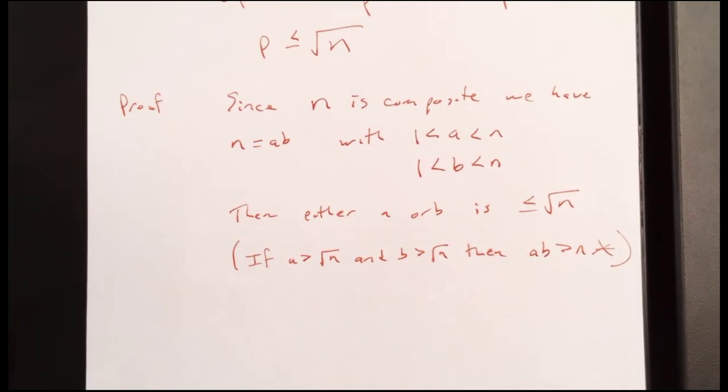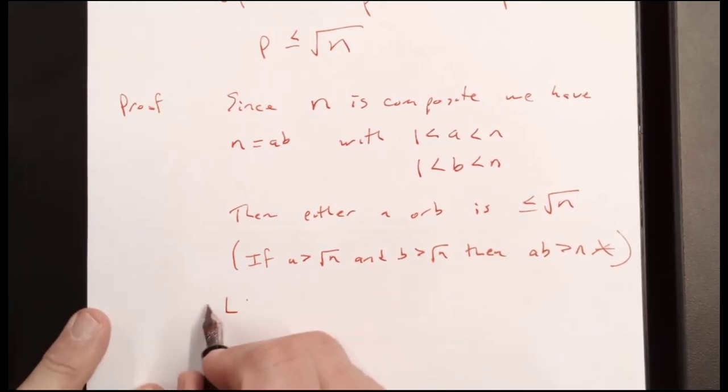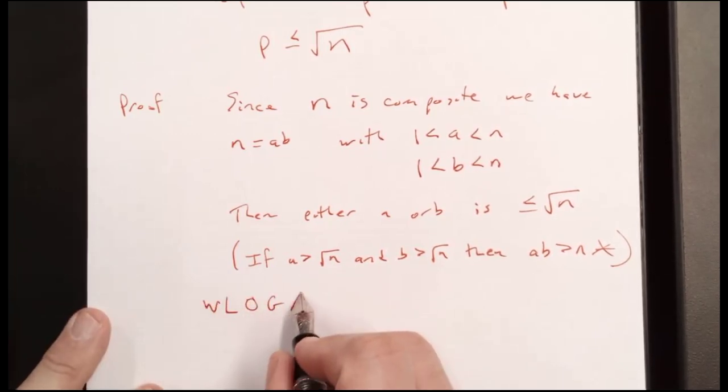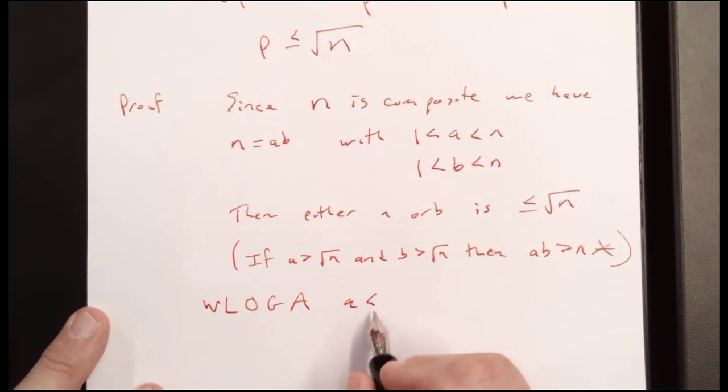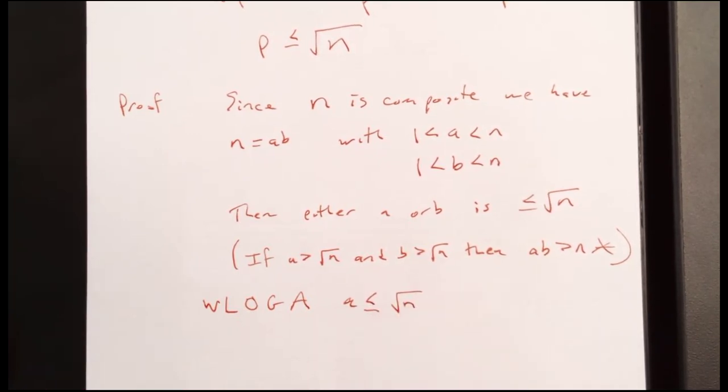So one of them has to be smaller. Now here's the statement. One of them, I don't know which one. Without loss of generality, assume A or B, flip a coin. A is less than or equal to the square root of n.